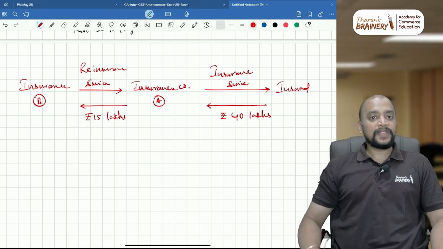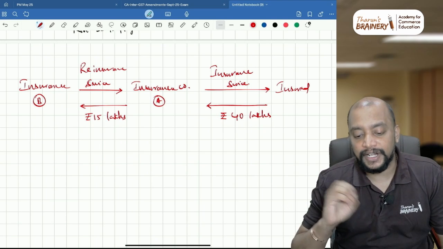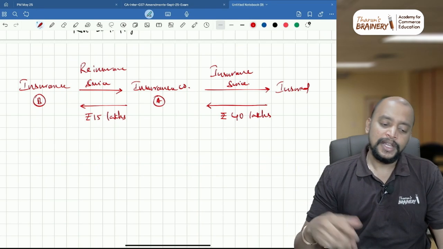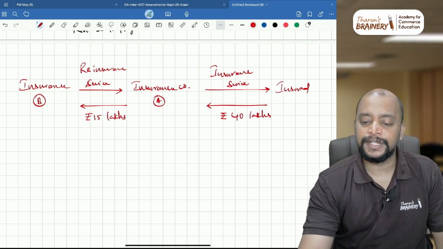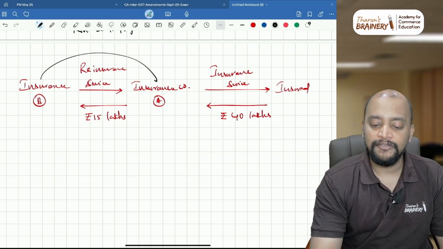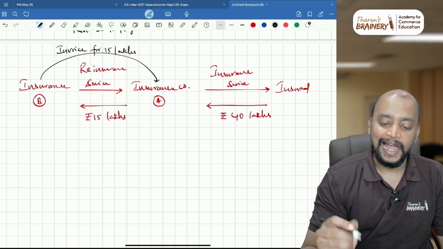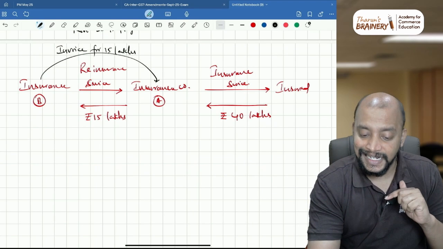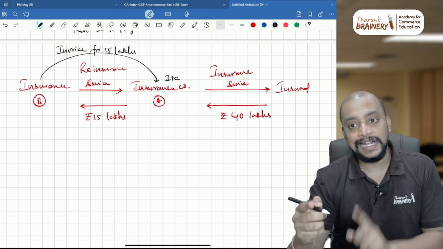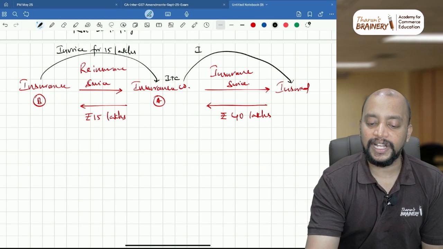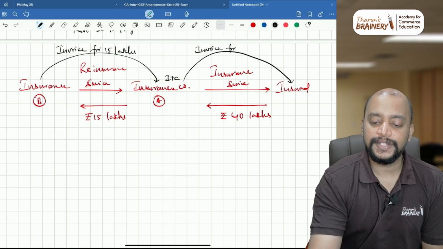Up to this clear? So what happened? Insurance company A received 40 lakhs, insurance company B received 15 lakhs. Now what happens? Simple. Insurance company B will raise an invoice on insurance company A for 15 lakhs, on which they will be able to take ITC, and again insurance company A will raise an invoice for 40 lakhs on the insured.